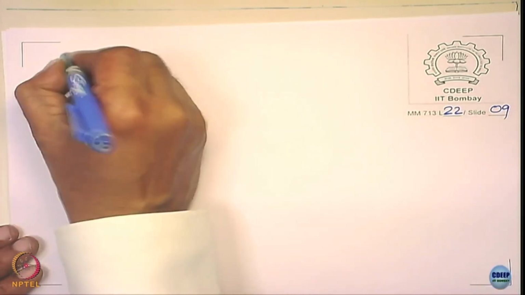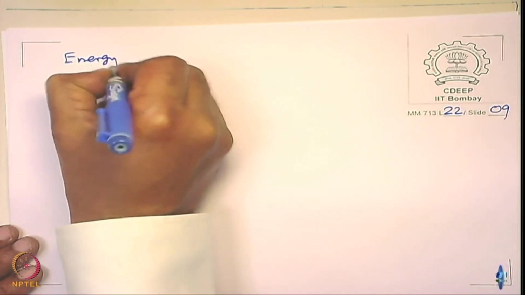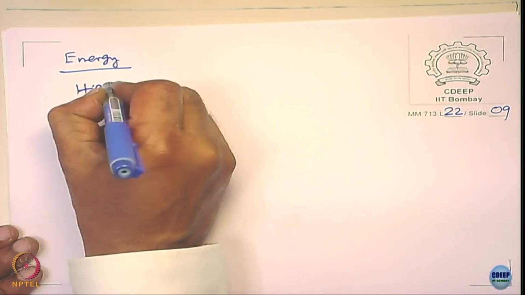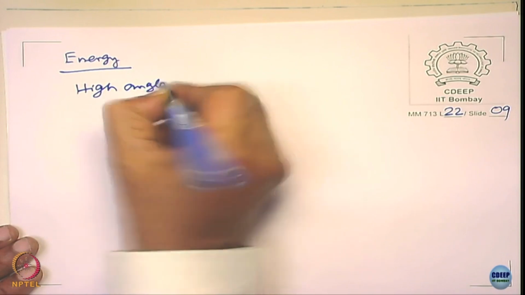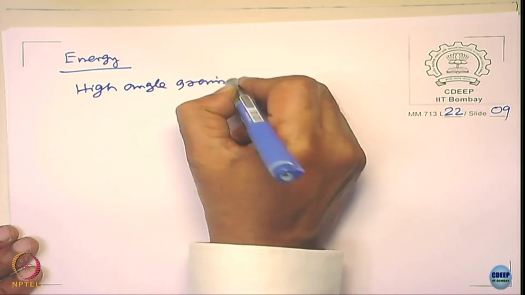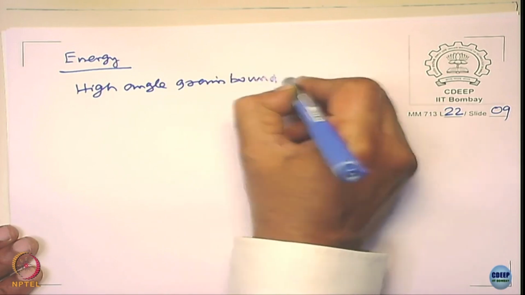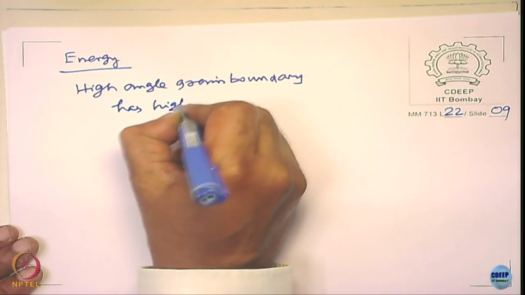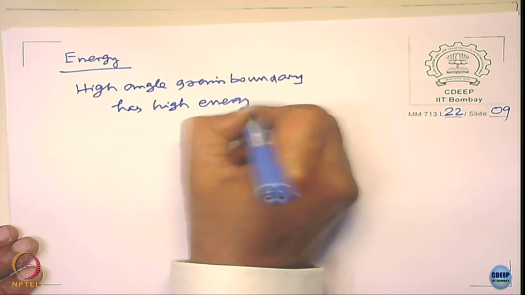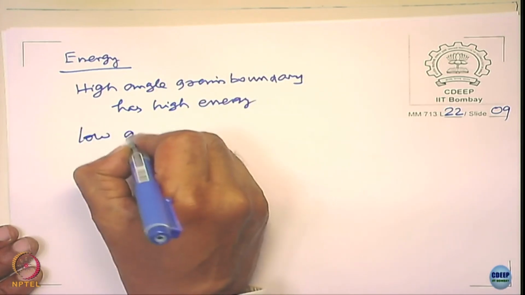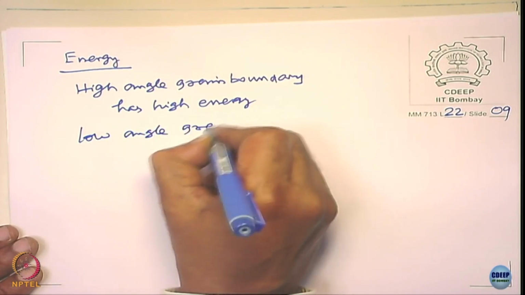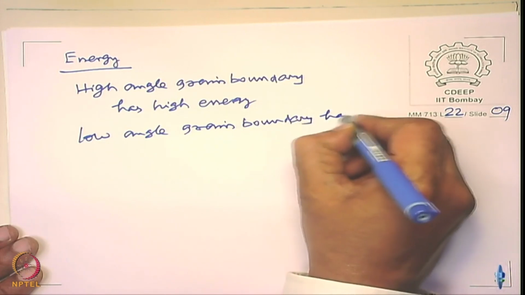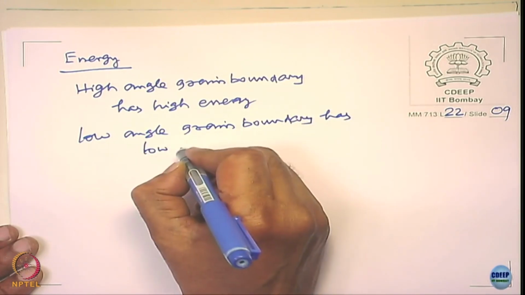Look at the energy from the point of view of the interface. The high angle grain boundary has high energy and the low angle grain boundary has low energy.